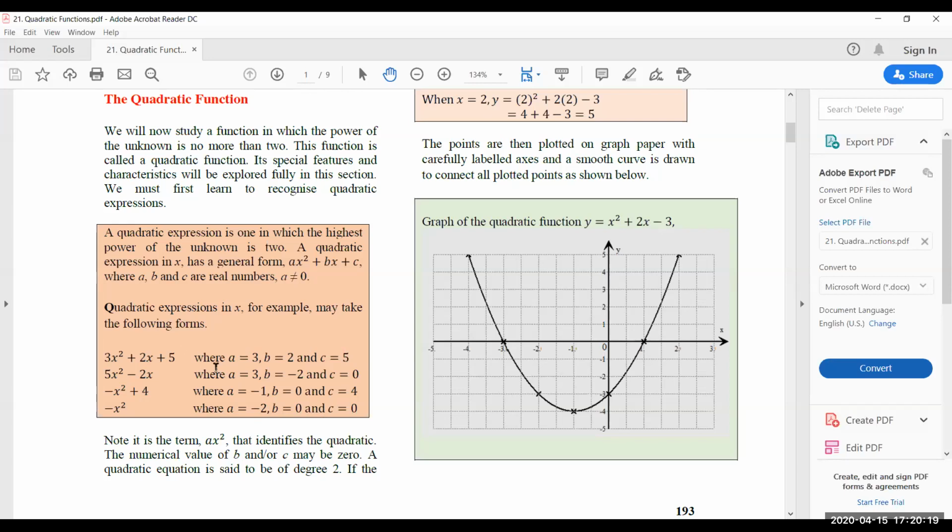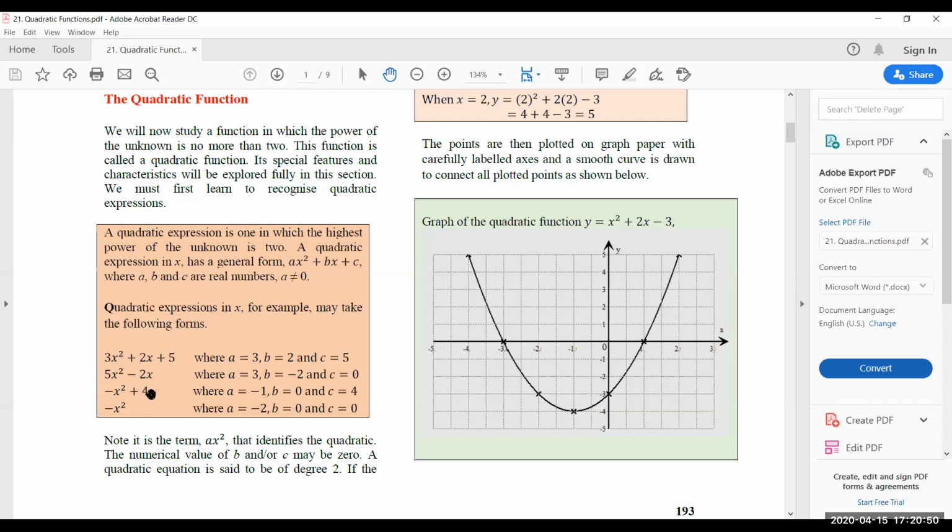Let's look at the next one, 5x squared minus 2x. So here we can see that a is 5, b is negative 2, and there is no c. Next one, we have negative x squared plus 4. A is therefore negative 1 because remember there is a 1 understood in front of the x, and that negative sign makes it negative 1. B is equal to 0, and of course, c is equal to 4, because b is attached with bx, and there is no bx.